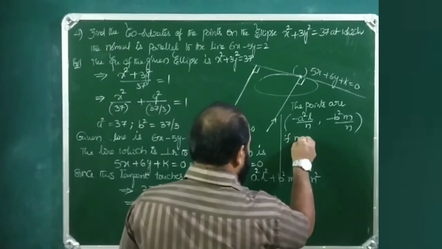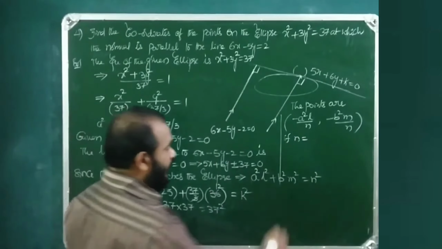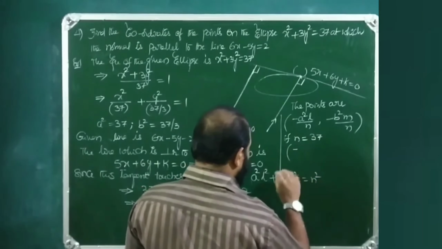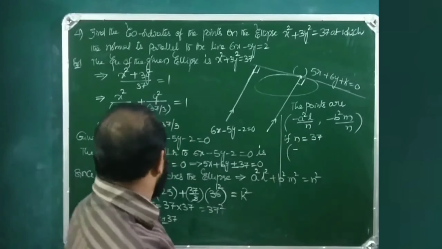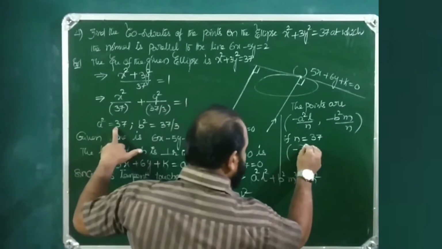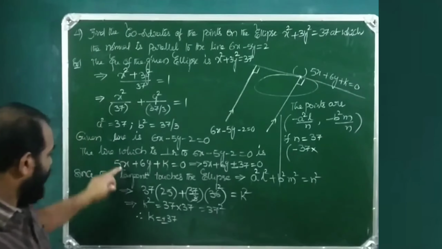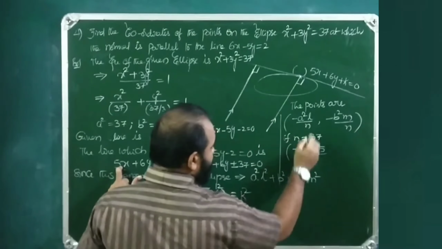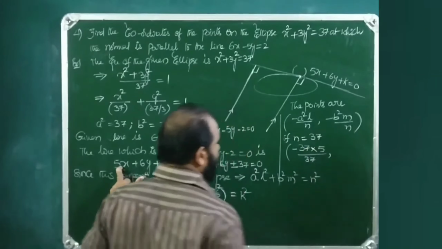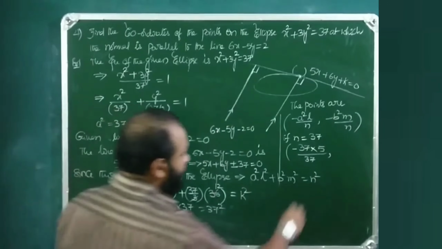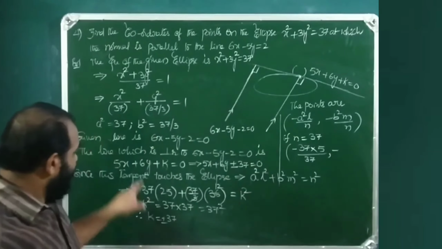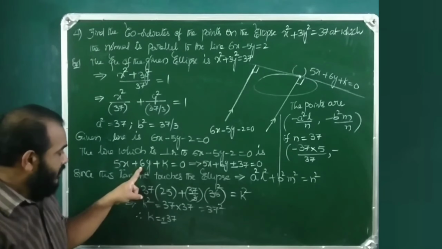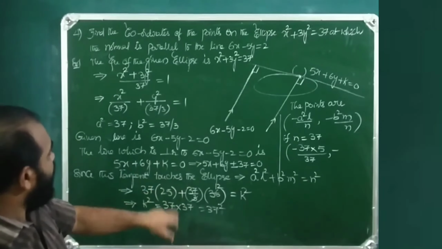If n equals to plus 37, then substituting here: minus a square is 37, l is 5, by n is 37, comma, minus b square, b square is how much? 37 by 3.